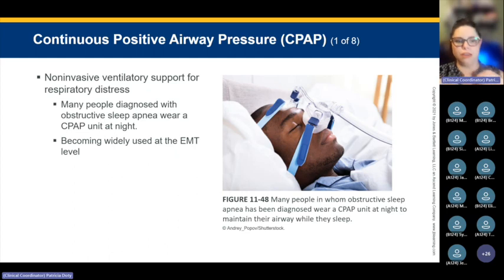Now, here's a non-invasive ventilatory support for respiratory distress, and this is called your CPAP, or continuous positive airway pressure. Many people diagnosed with obstructive sleep apnea wear a CPAP unit at night, but hey, it's being used by EMTs, AEMTs, and paramedics, and all the like.